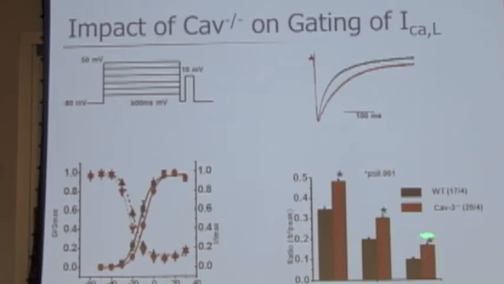So there's a slower decay of the L-type calcium channel current in the knockout CAV3 mice, suggesting that knockout of CAV3 has a couple of effects on L-type calcium currents. It decreases the overall density, but the remaining channels show a slower inactivation or decay.